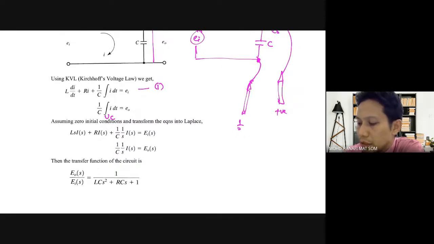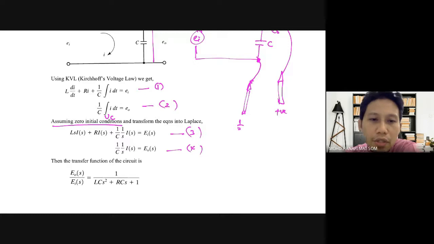Assuming zero initial condition. When you refer to the Laplace transform videos and the lecture notes, we have the initial conditions. Whenever it is not mentioned in the question, you can assume the question asks for zero initial condition. So assuming zero initial condition and transforming the equations into Laplace, we can have equation 1 and equation 2 here provided in equation 3 and equation 4.